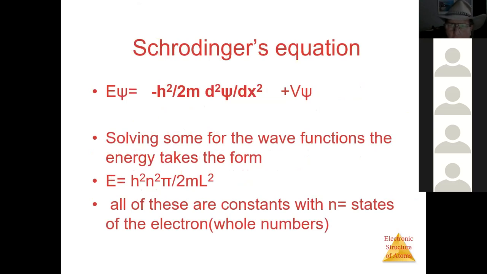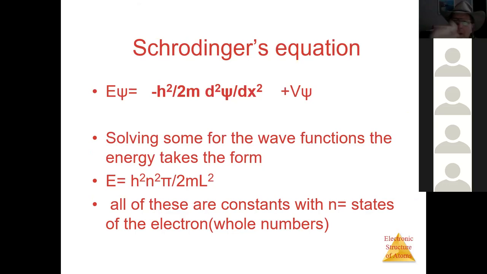Schrodinger starts off with this equation. The V times the pitchfork symbol. That's a Greek psi, okay? The psi stands for the wave function. And V, I believe, stands for velocity. Not certain.